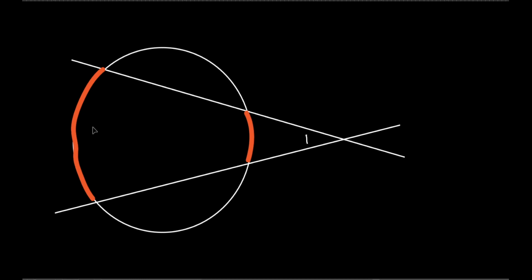Now, here's the relationship. Angle 1 is equal to, we've got to put some letters in here. So we'll call them A, B, D, C, and E. That's going to help us a little bit.